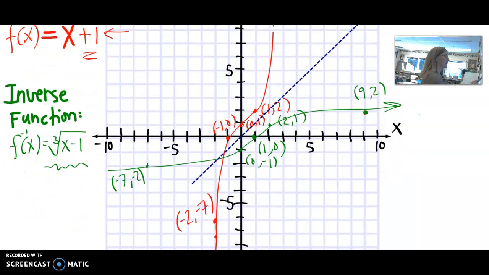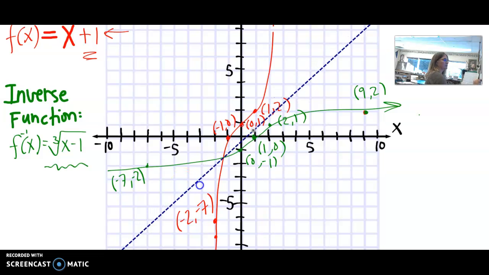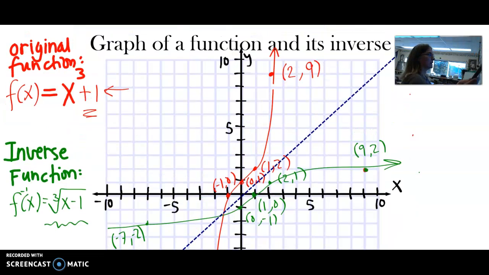For any function and its inverse, you're going to have the line y equals x as a line of symmetry for the graph. Like if you folded the red graph over that blue line, it would line up exactly with that green graph. My graph might be off slightly just because I didn't graph too many points, but hopefully you get the idea.